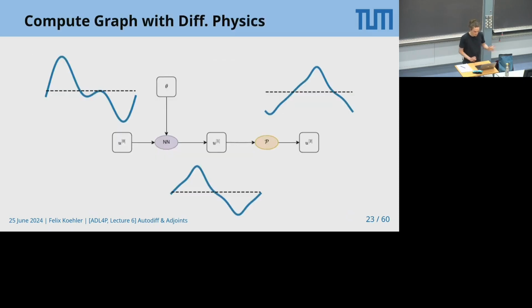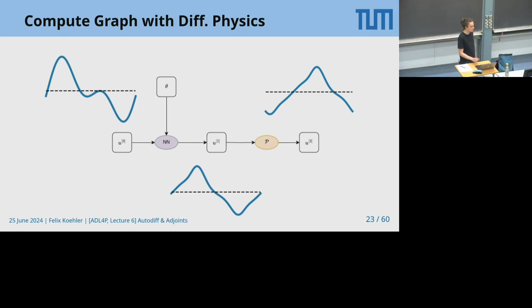So yeah, I already mentioned that. So let me remind you a bit of this compute graph with differentiable physics. So let's say, for instance, again, we have this stuff where we have the neural network first making a prediction and then have the physics afterwards. And here I highlighted the idea of what they're doing by just plotting whatever the result looks like they're operating on.